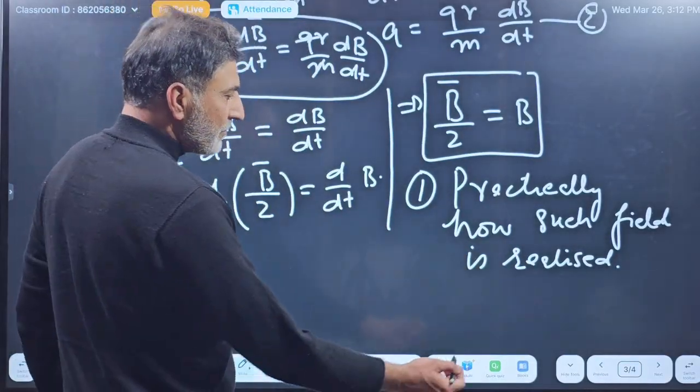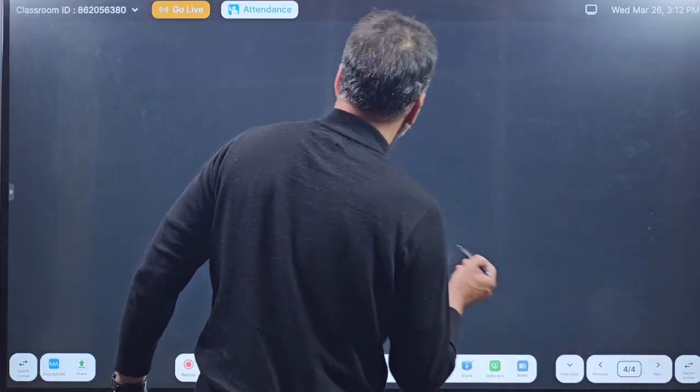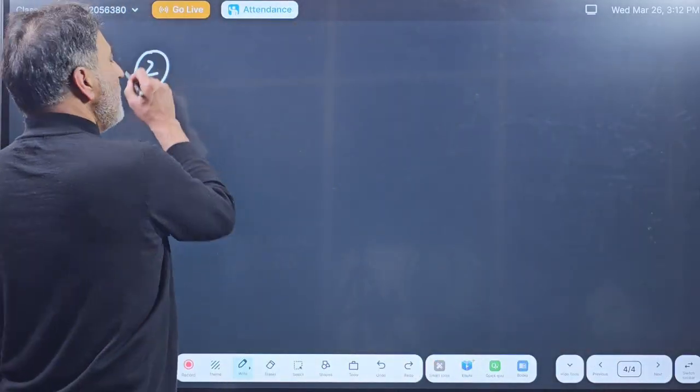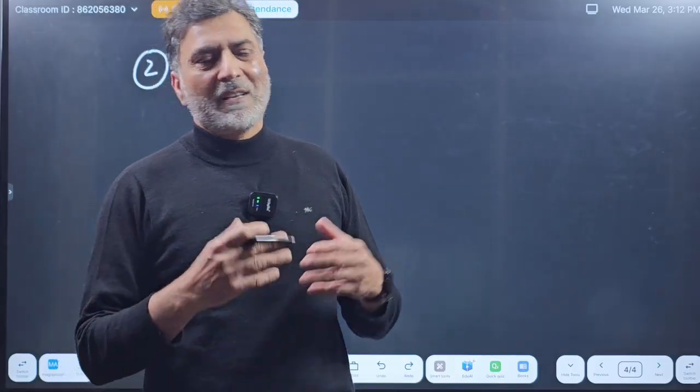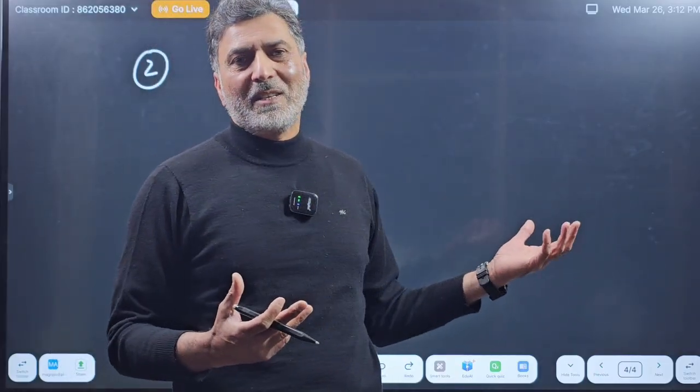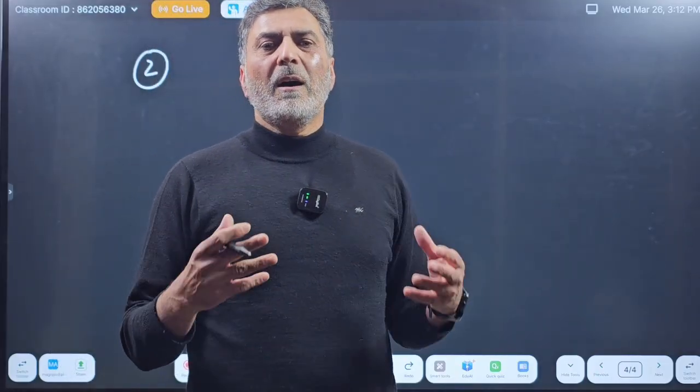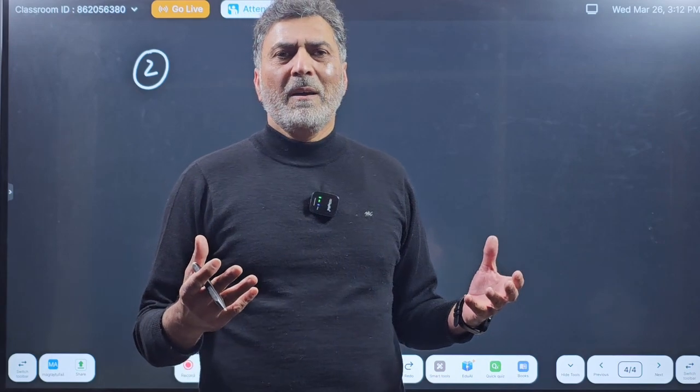Next question जो मेरा है, which you can discuss with your teachers. These are very good, this is good physics that we are discussing here. And come with this answer.